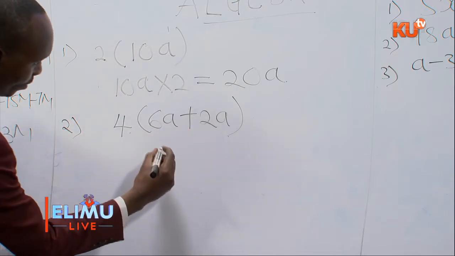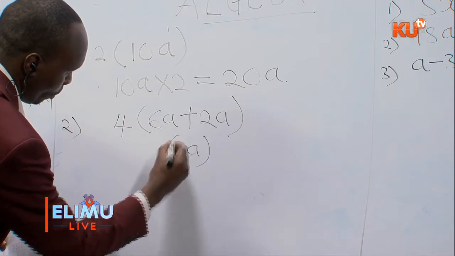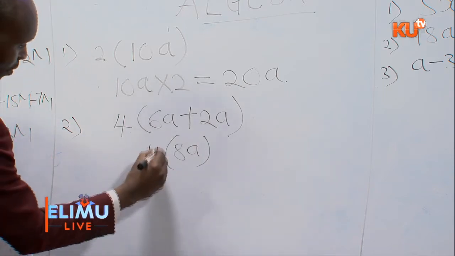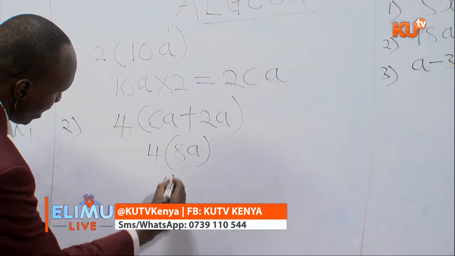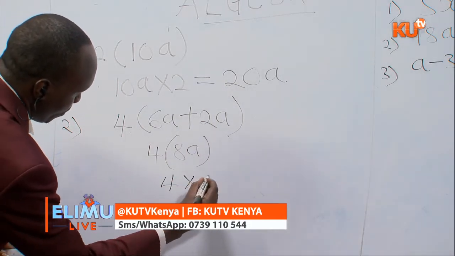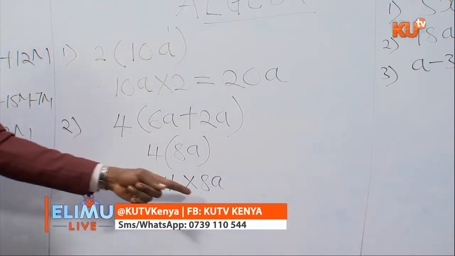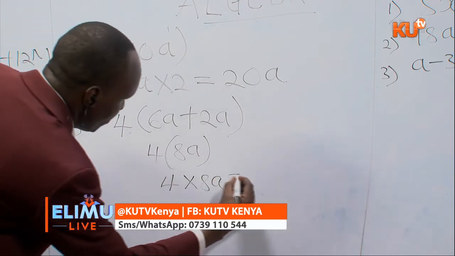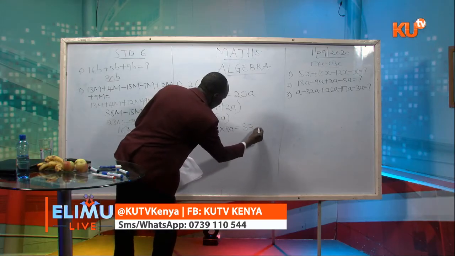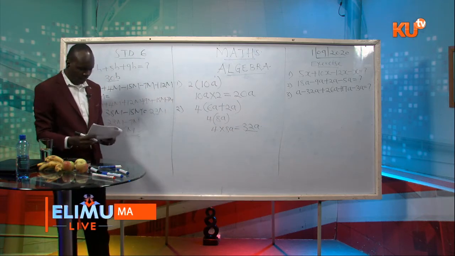So we shall have 6 plus 2, we get 8A. 8A, we now multiply it by 4. We have 4 times 8A. 4 times 8, we get 32A. So our answer becomes 32A.